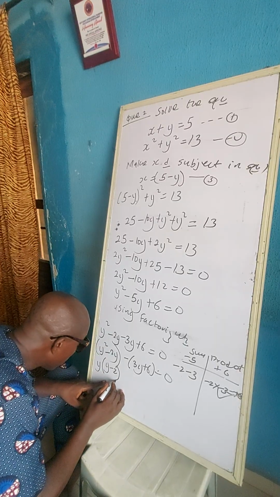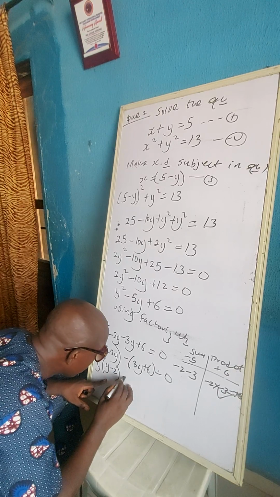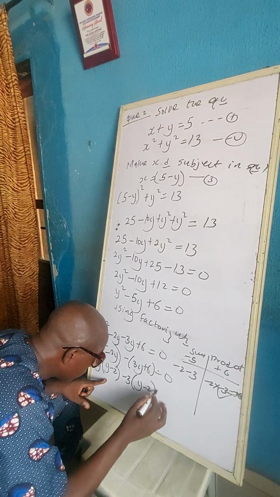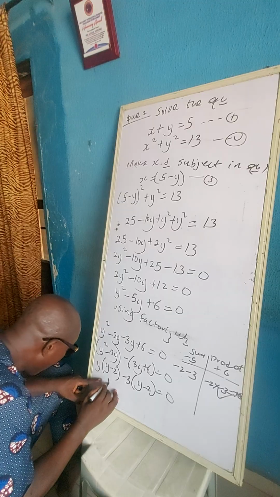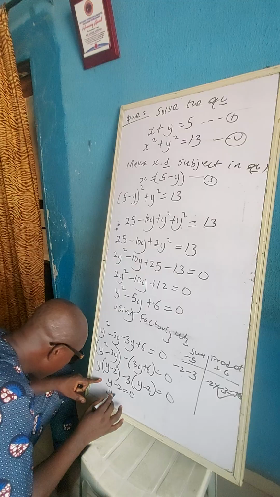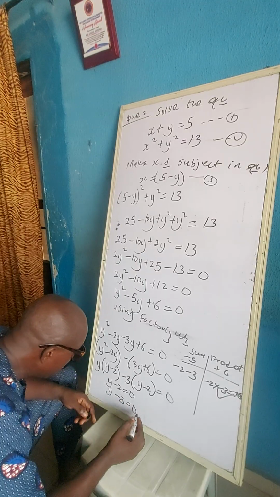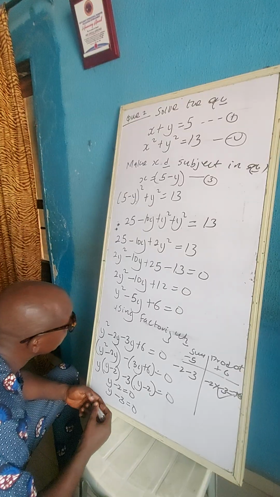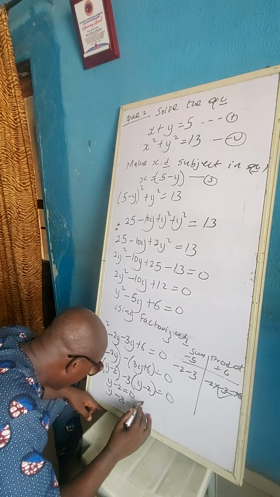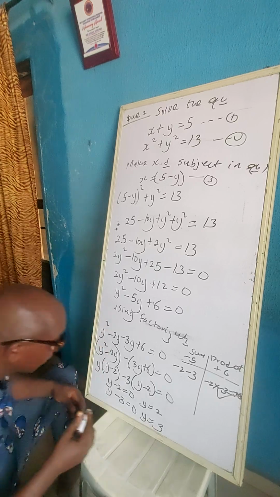This one is minus 3, so y minus 2 times y minus 3 equal to 0. That means y minus 2 equal to 0 or y minus 3 equal to 0. That means y equal to 2, y equal to 3.